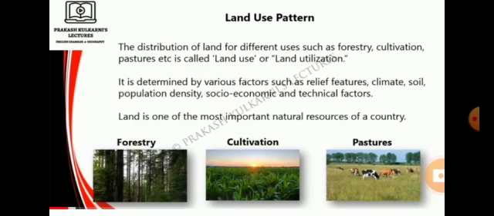Children, let us see the net sown area. The net sown area includes land that can be used to cultivate crops. This category is very important in an agricultural country like India. It accounts for about 42.42% of the total reported area of India.